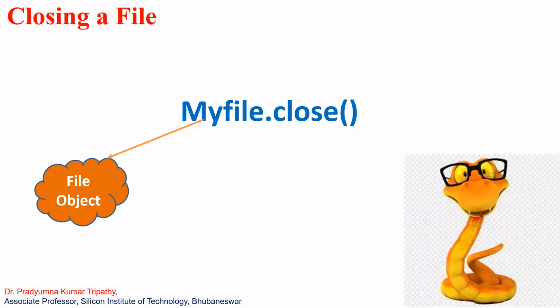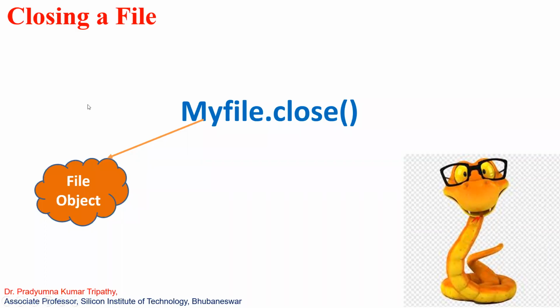Okay. If I want to close a file, my work is over and I want to close the file. Correct? I have opened the file, I have done some operation. How to do the operation, I will tell. So I have only told how to open the file, first in syntax. After operation, how to close the file, I am telling now. To close the file, file object dot close.